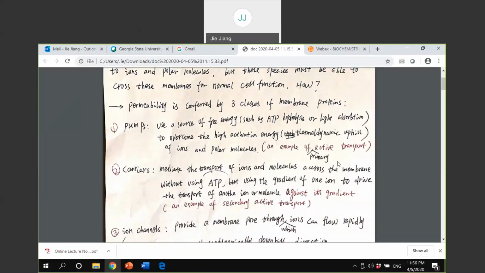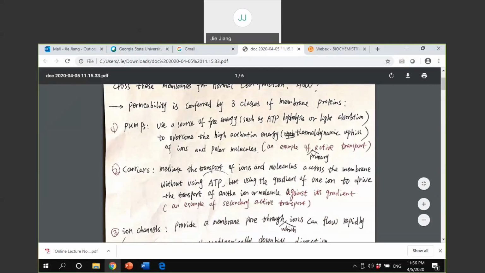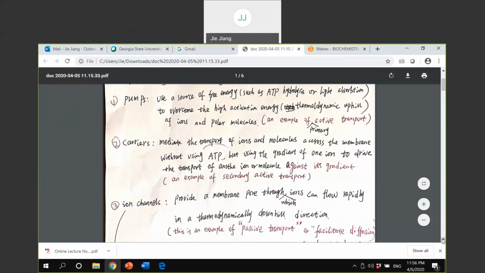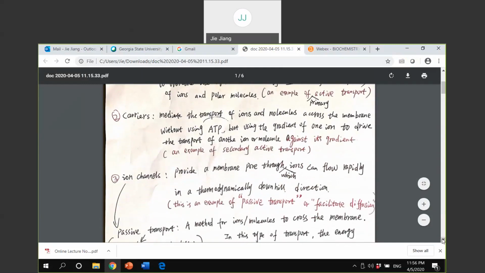So this is an example of active transport. When we say high activation energy, sometimes you can also say driving uphill energy. So later on, we're going to explain what active transport is. Actually, this is the primary active transport.